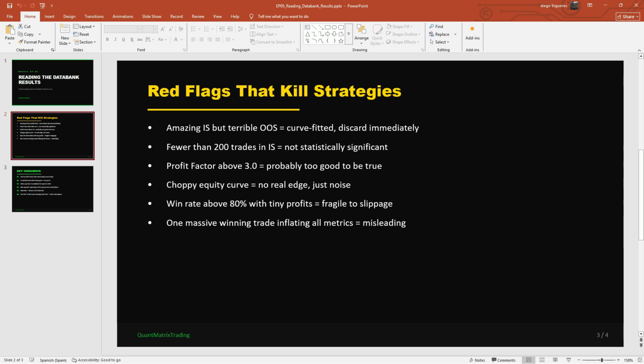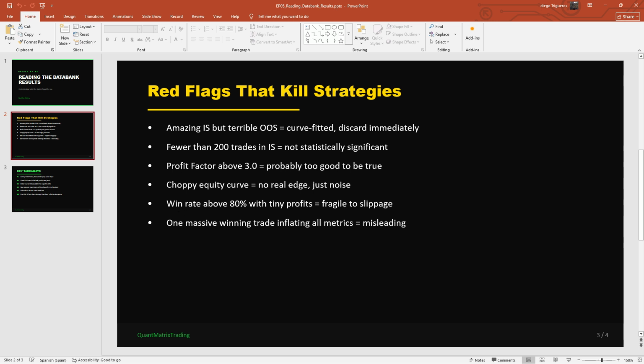A profit factor above 3 is too good to be true. If the equity curve is perfect, it's not a real edge. I don't think so. A win rate above 80% with tiny profits is too fragile for slippage.